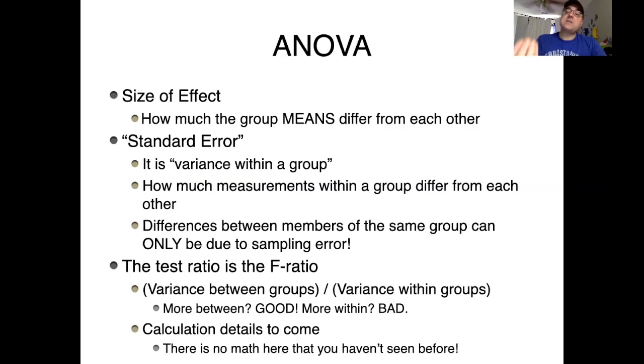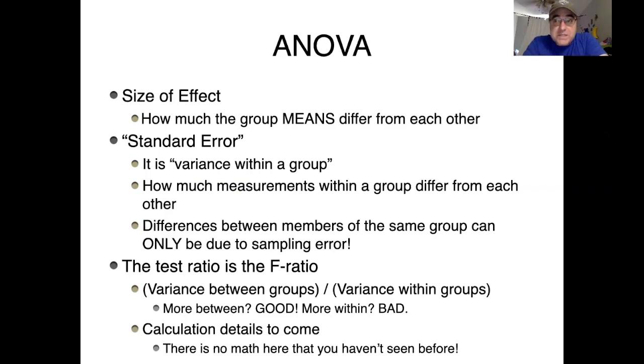So the fact that some are male, some are female, some drink coffee, some don't, some are affected by 6 hours differently than other people, that all goes into the sampling error concept, which means this. The only reason that any member of one group in an ANOVA differs from another member of the same group in an ANOVA is sampling error.